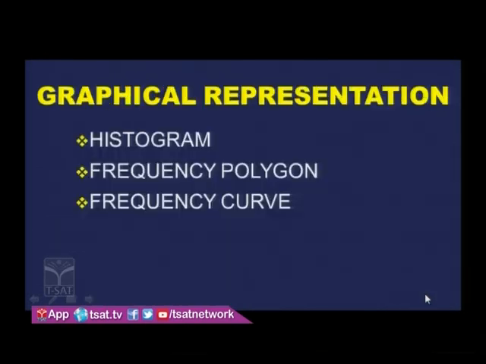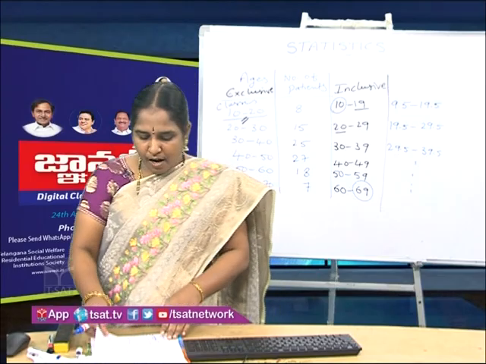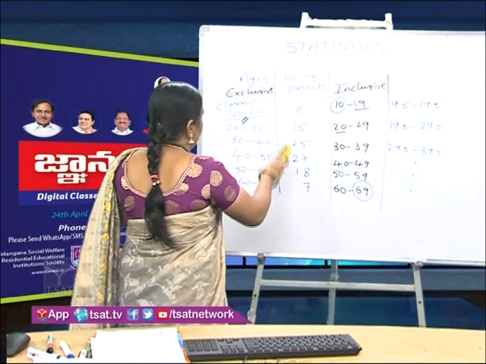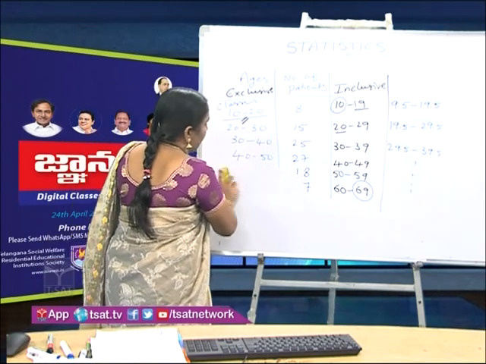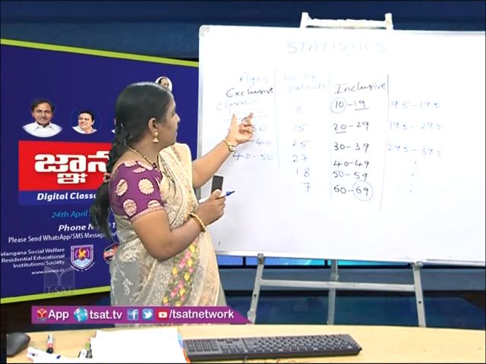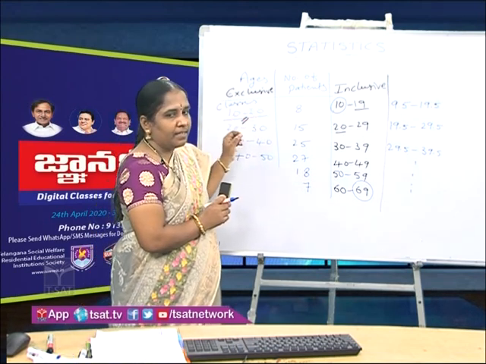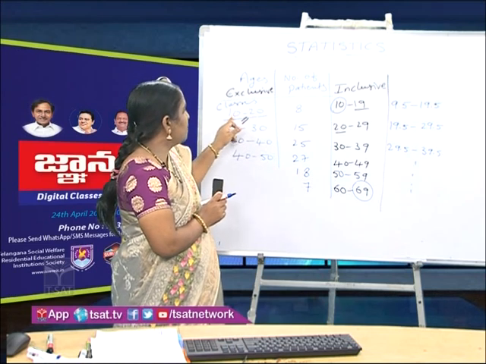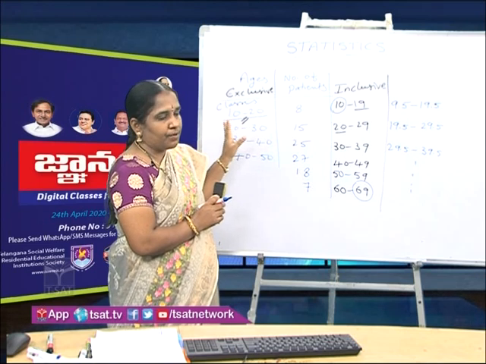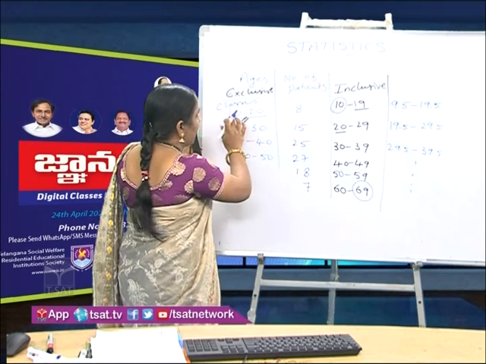Now shall we see how to construct the grouped frequency distribution table? We have seen all the words required, and here one more word is, as I told you, the observations are not seen, but we consider the middlemost value of these two limits to represent each and every observation of the data. And how do we calculate the middlemost value?